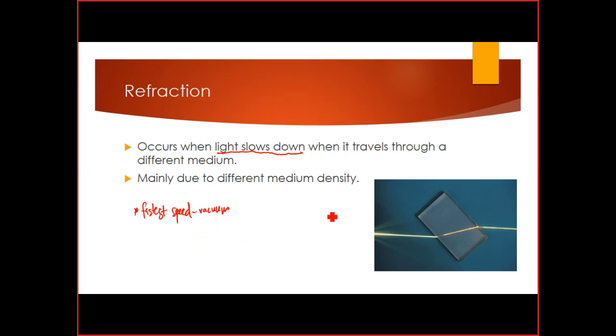If light is in water, then light slows down due to the density of the water. So as light travels through different media, it will have different speeds. This is largely due to the medium density. Water has molecules and light needs to travel in between those molecules, so it is understandable that light becomes much slower.